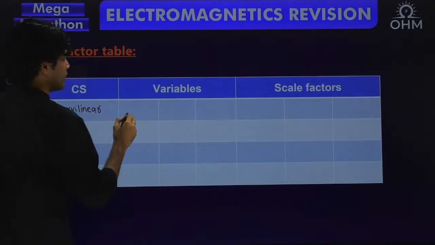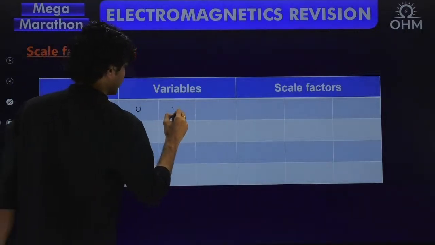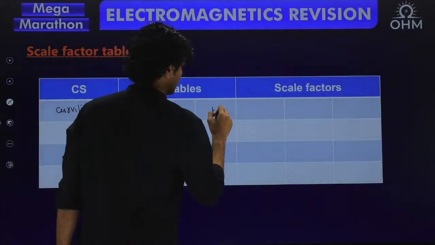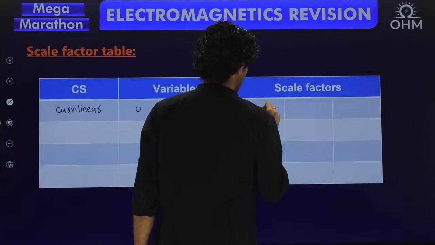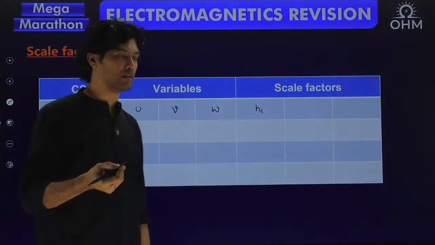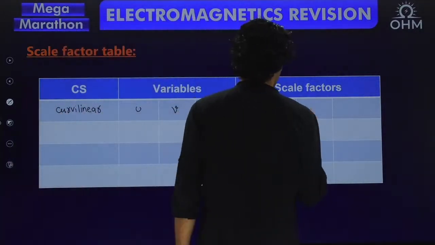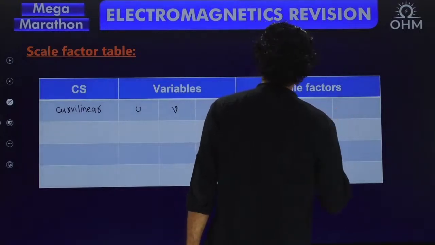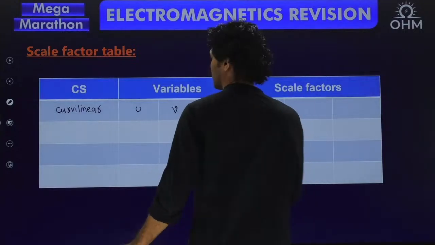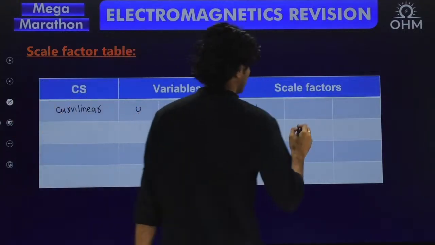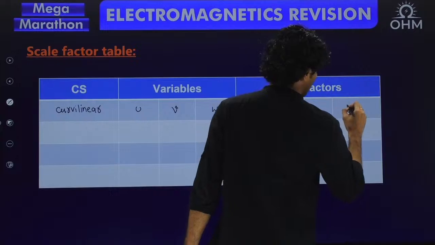In the curvilinear coordinate system, the variables are u, v as well as w, and the corresponding scale factors. The scale factor for u is h1, that is, the coefficient of du is h1, the coefficient of dv is h2, and the coefficient of dw is h3.